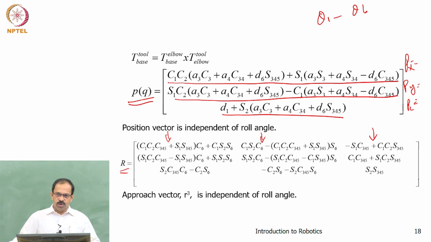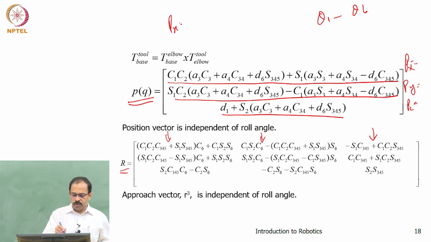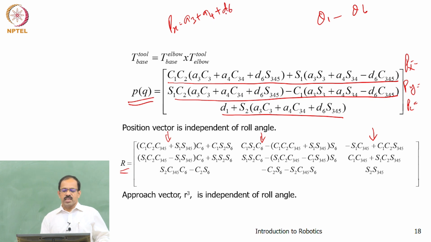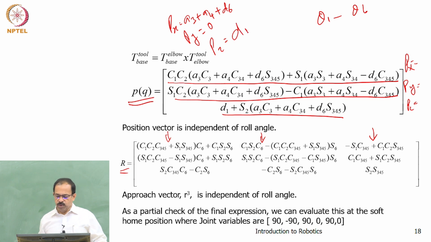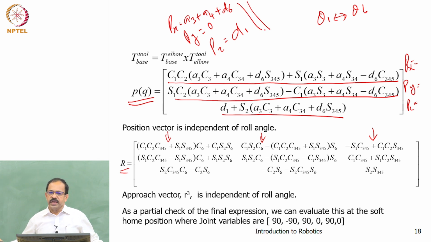If you have done it properly, your Px should be equal to A3 plus A4 plus D6, because that is the x direction length of the manipulator, your Py should be equal to 0, and Pz should be equal to D1. By substituting the home position values of theta 1 to theta 6 in this matrix, if you are getting this relationship, that means you have done it properly.